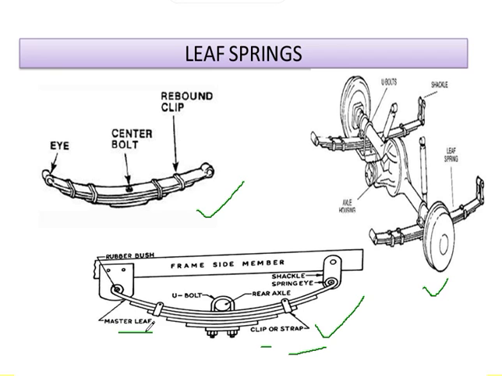All the blades are bound together by means of steel straps. The spring is supported on the front or rear axle by means of a U-bolt. One end of the spring is mounted on the frame with a simple pin, while on the other end the connection is made with a shackle.